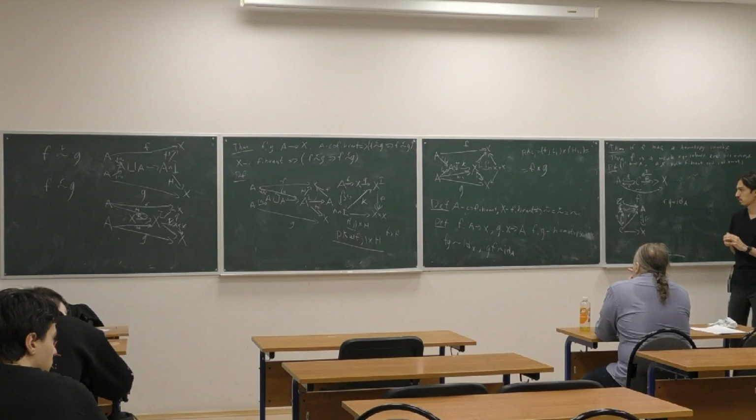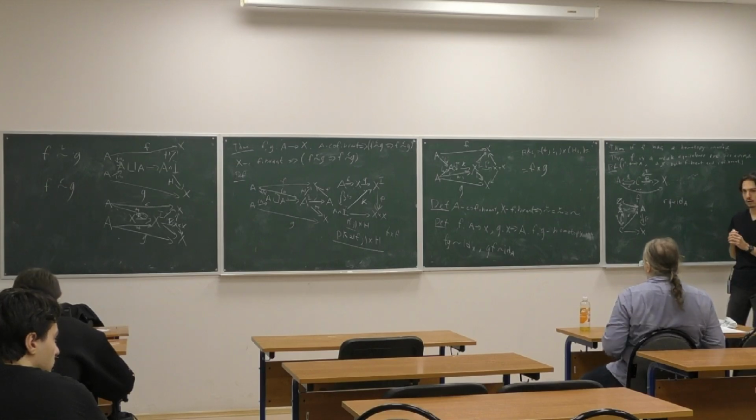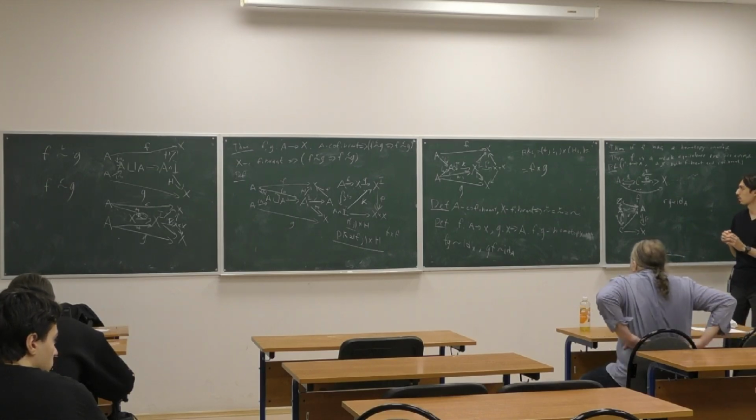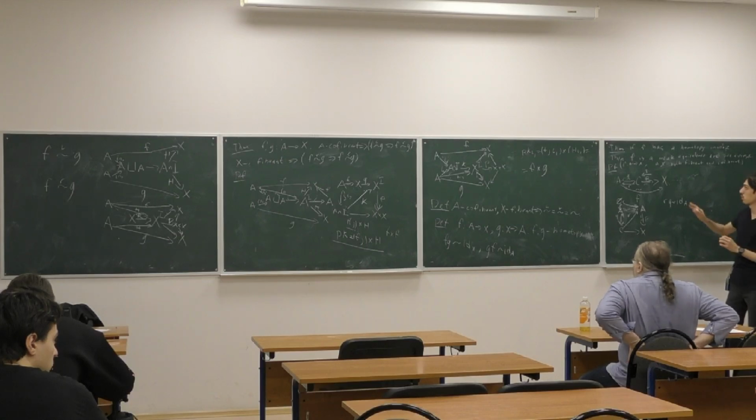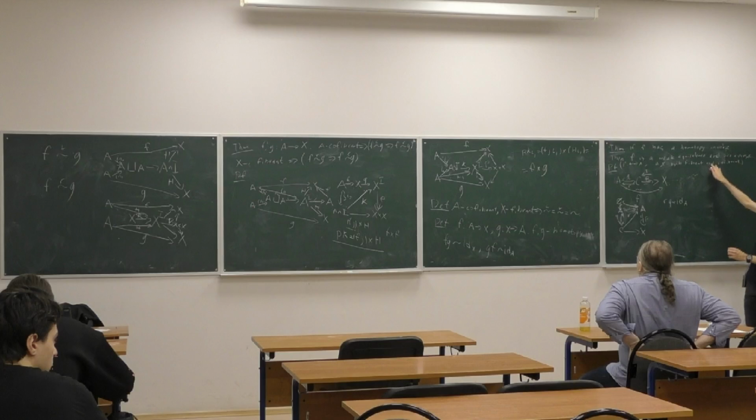...is cofibrant and X is fibrant. Yes. And so if we take FG, this will be a map from X to X, and all the objects are both fibrant and cofibrant here in this setting.